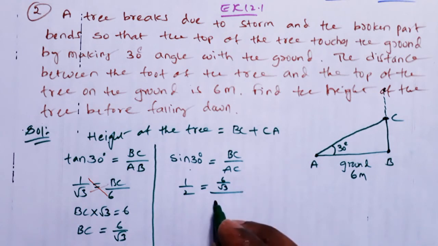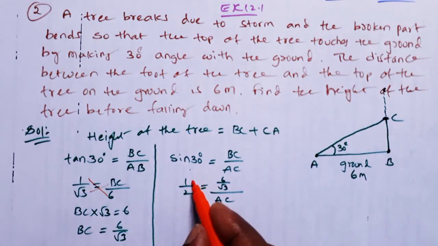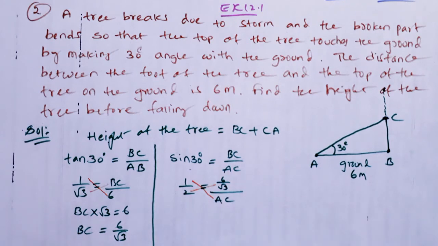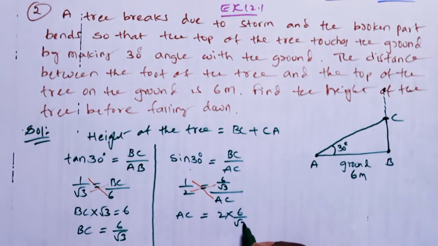Do cross multiplication. What you will get? 1 into AC equals 2 into 6 by root 3. It is nothing but 2 into 6, 12 by root 3.